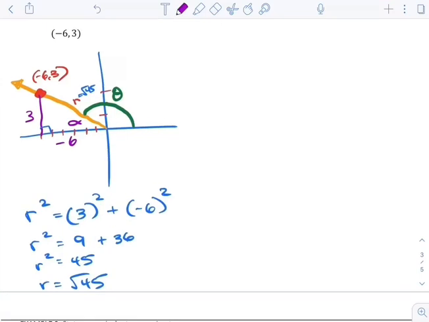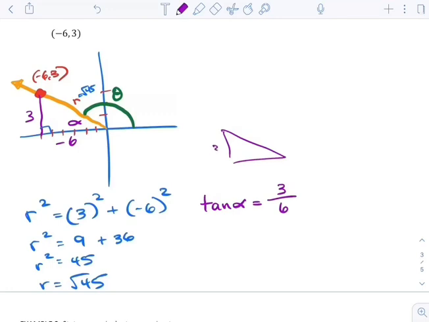So I know back from grade 10 that tan of the angle is equal to the opposite over the adjacent. In this case, I'm going to treat it as 6 because we're dealing with that angle. If we do negative, it's going to switch for us. So just think of it as being a triangle. That's 3 and 6. And then from there, I'm going to bring tan over to the other side. We get tan inverse of 3 over 6, or half.